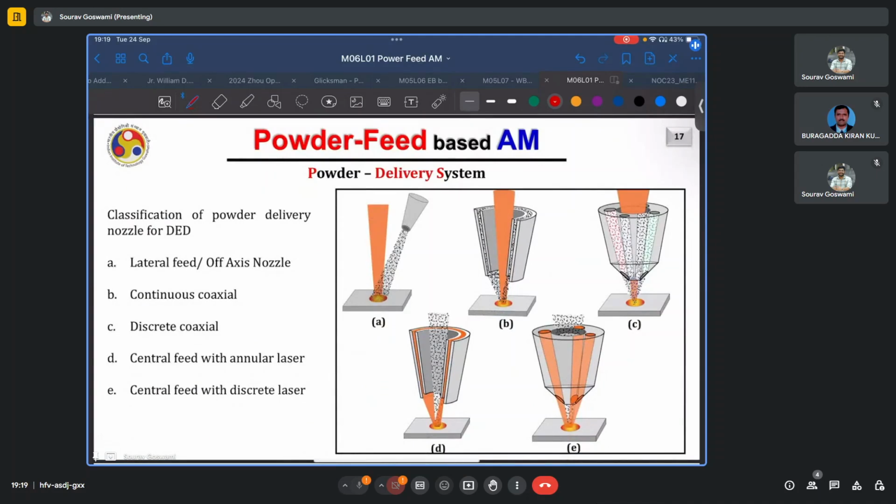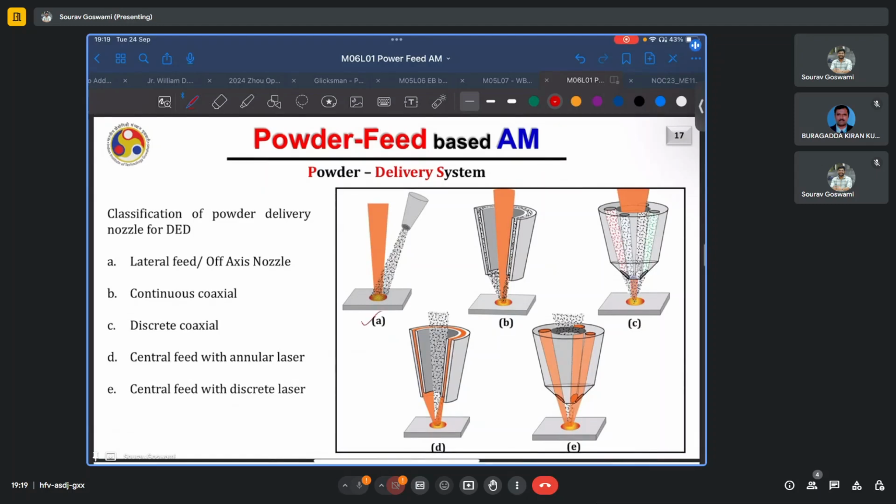The types of powder delivery system are summarized here. So you can have a lateral feed of powder, similar to a lateral feed of wire, from an off-axis nozzle that is shown in figure A here, or you can have a continuous coaxial feed of powder where the energy source is in the center and you have powder coming from all around it in an annular fashion.